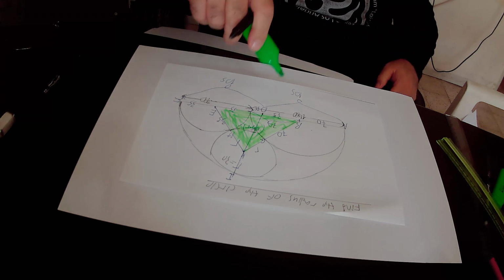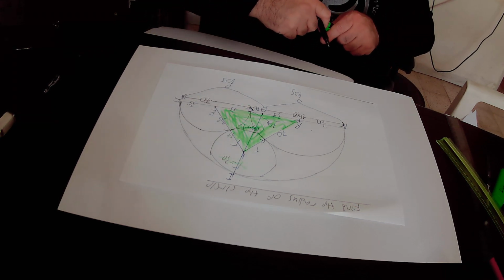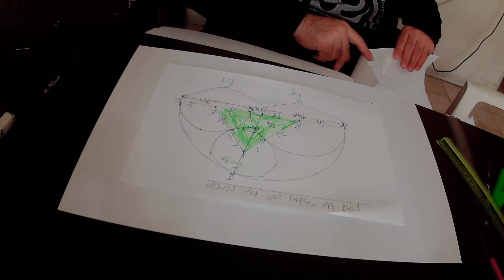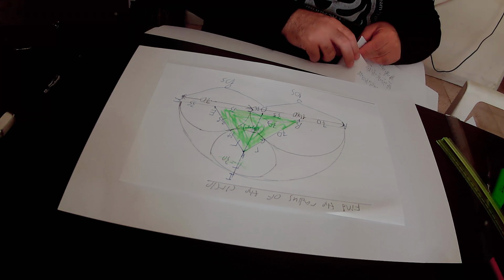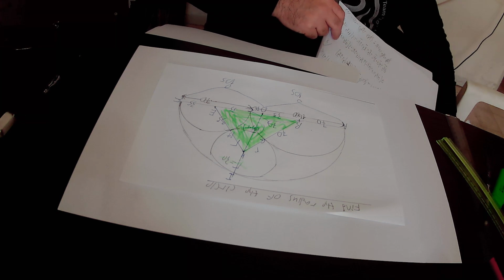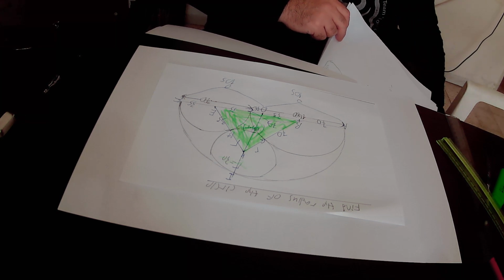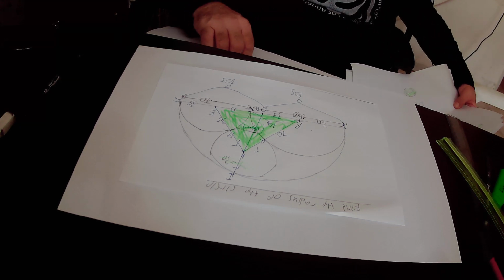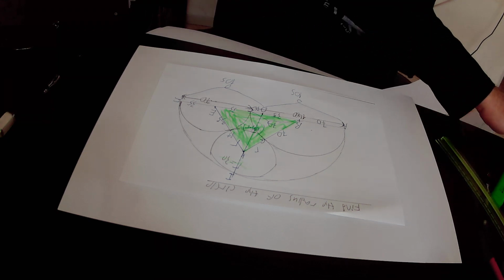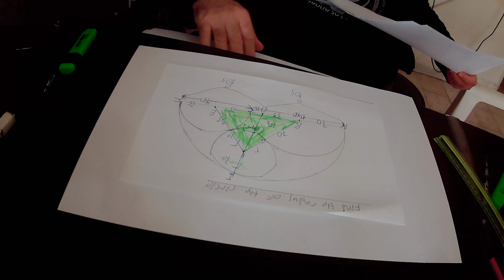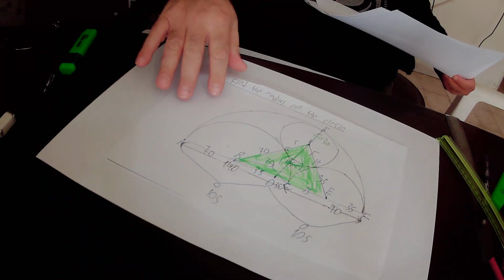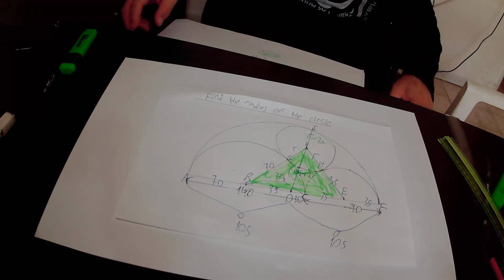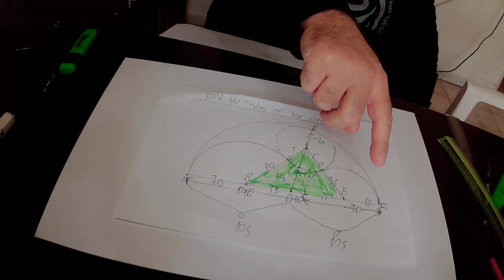Okay, in the next step I'll summarize the lecture. In the drawing, we have a big semicircle.